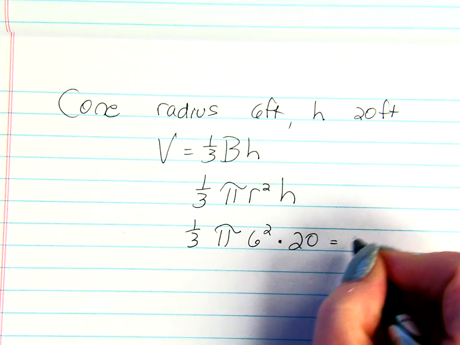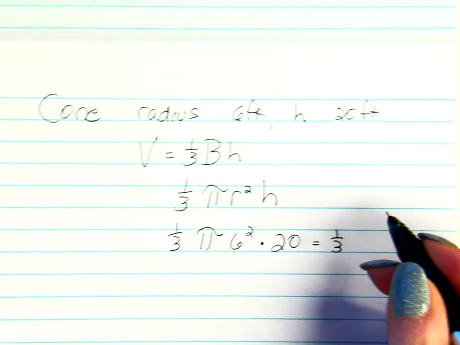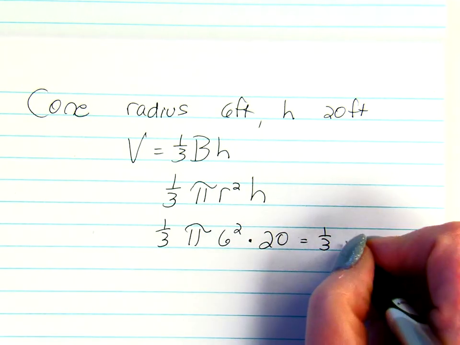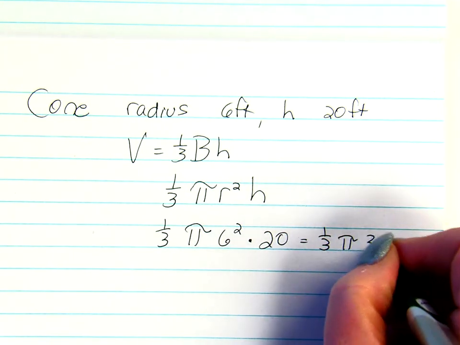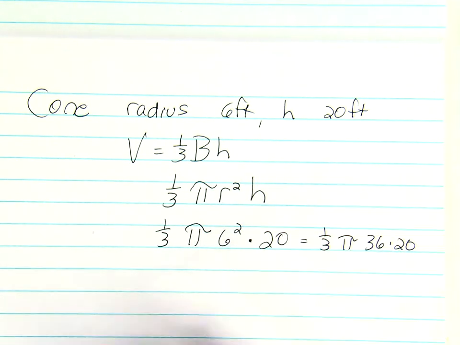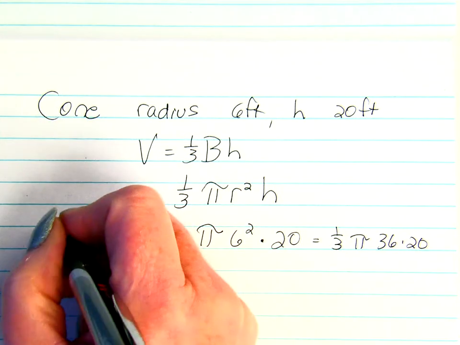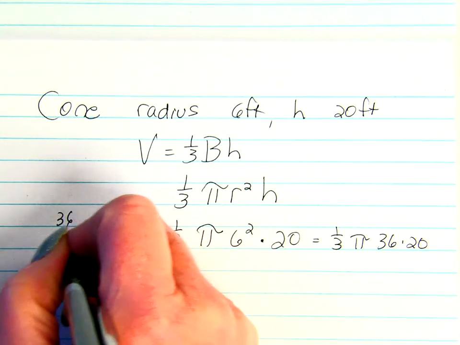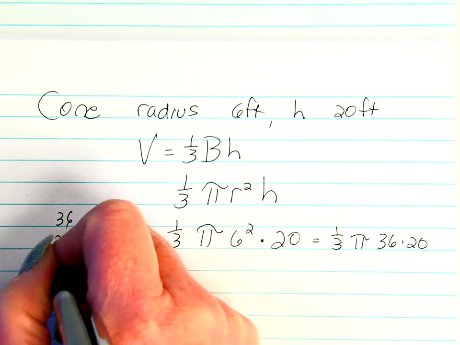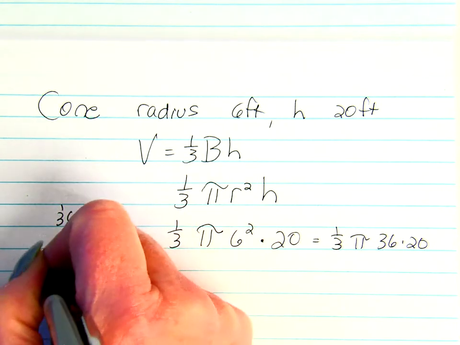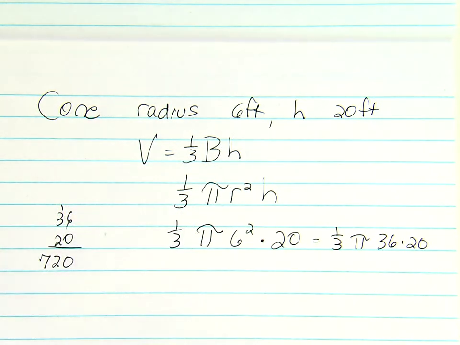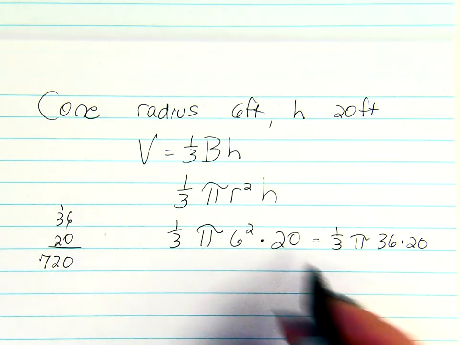6 squared, so 1/3, we'll just keep going on here. Pi 36 times 20. I'll come over here to my side and do my 36 times my 20. Make sure I get that done properly. Always showing my work because that's the best way to do it.